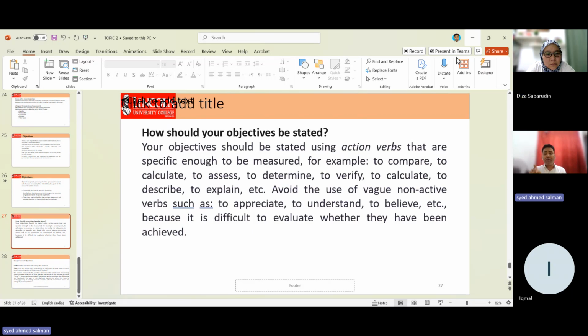Whenever you are developing the research objectives, you have to write action verbs: to study, to determine, to examine, to analyze. You should not write the objective without action verbs. If you write the objectives without action verbs, it means you are not following the proper criteria of the objectives. So you have to follow the proper format of the objectives.